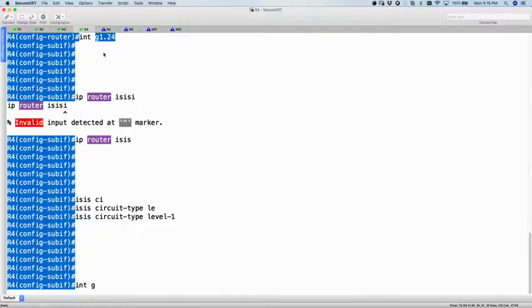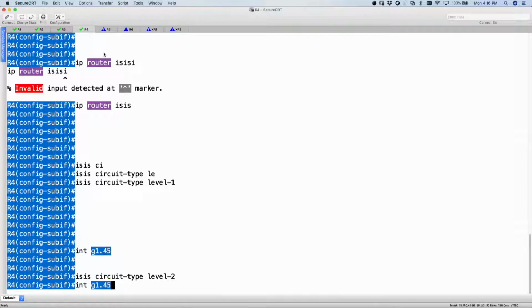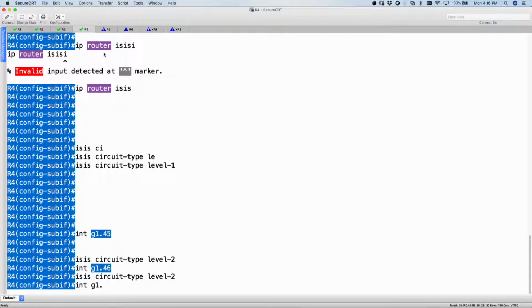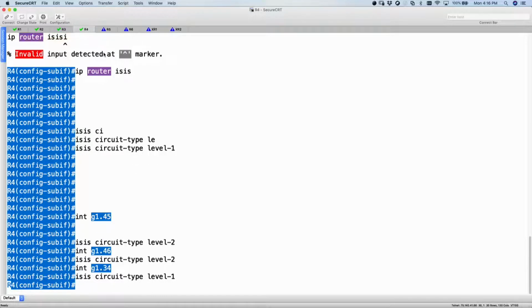And on my WAN links, which is 45, I would have level 2, and on 46 I would have level 2, and on 34 I would have level 1.